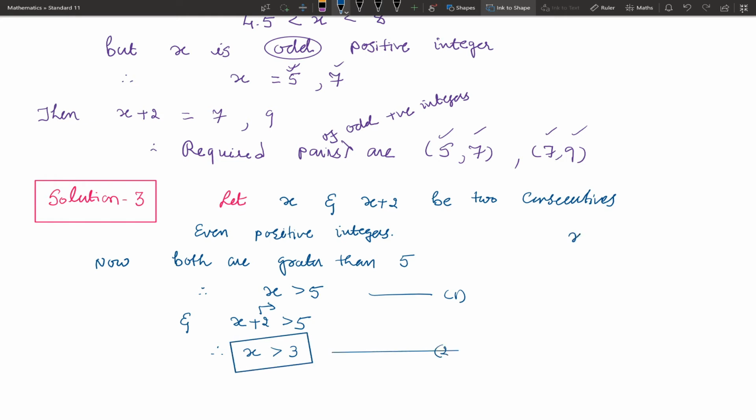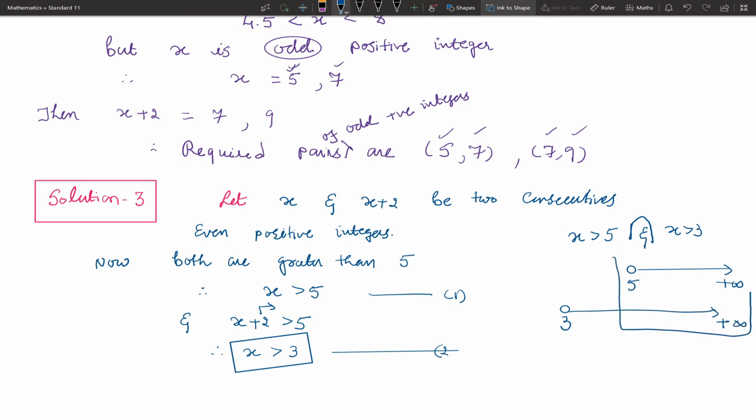So x greater than 5 and x greater than 3, and that is the intersection. Here x greater than 5 goes to plus infinity, and x greater than 3 also goes to plus infinity. So the common portion is x greater than 5.